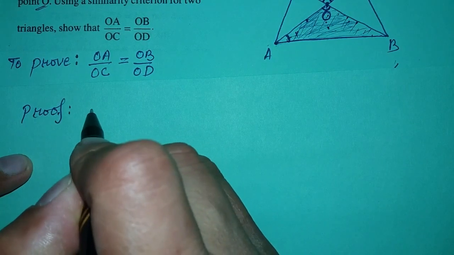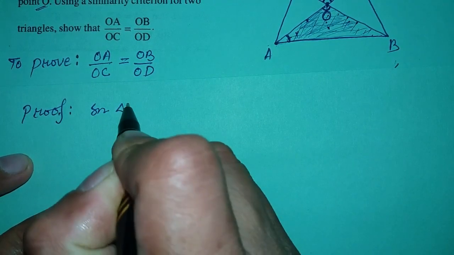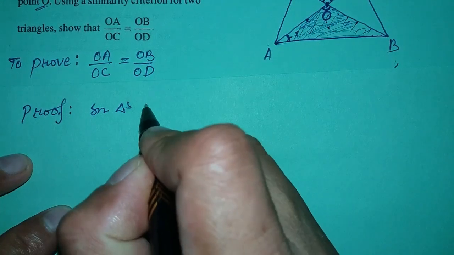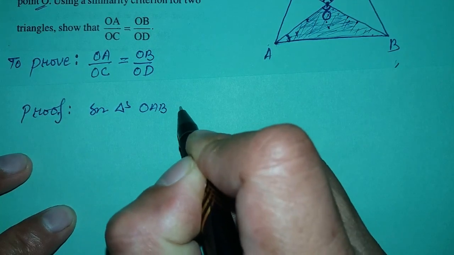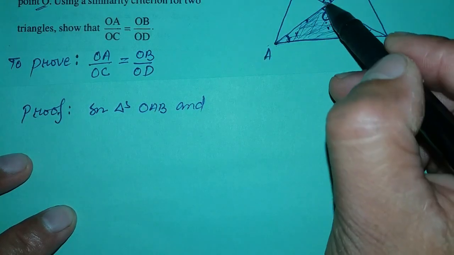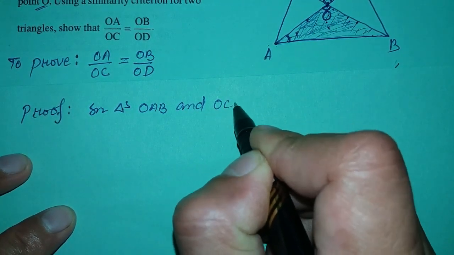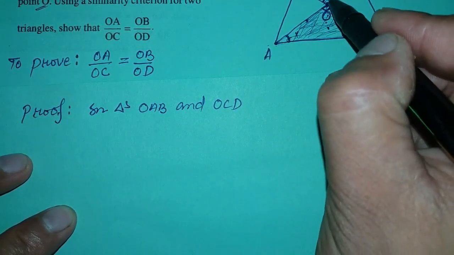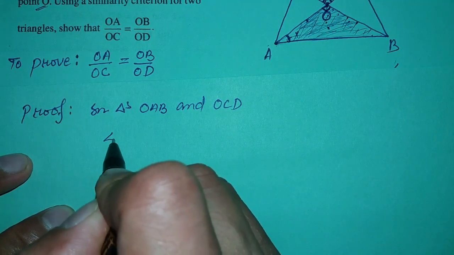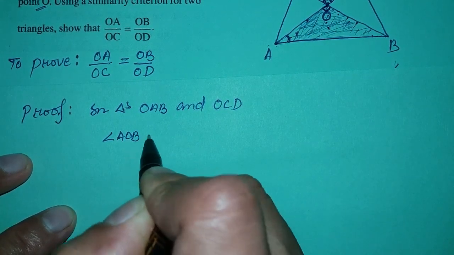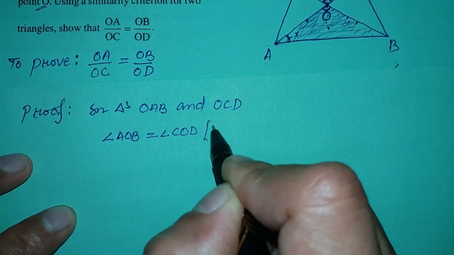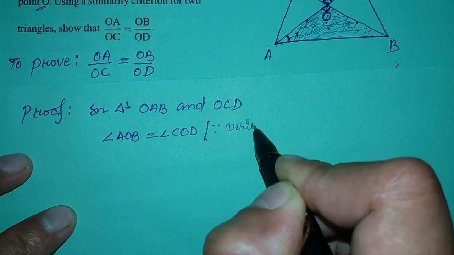Now in triangles OAB and OCD, these two are vertically opposite angles, so this angle and this angle are equal. So angle AOB is equal to angle COD, because these two are vertically opposite angles.